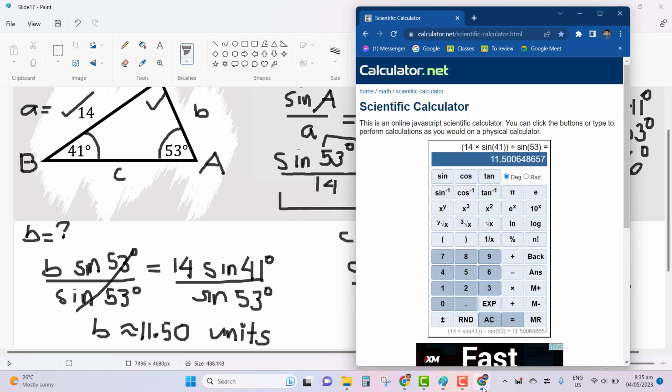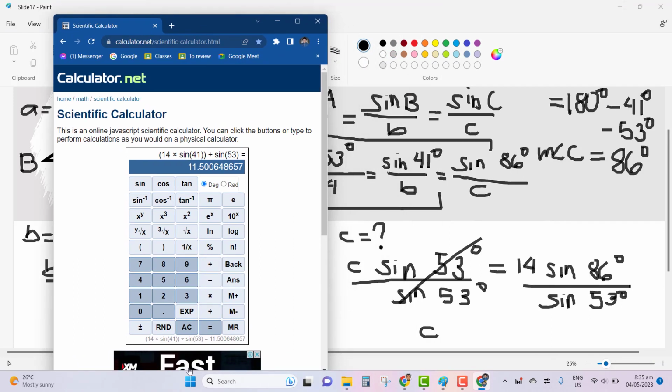So let's use the same calculator. Again, parentheses, 14, sine 86 degrees, close, close, divide by sine 53 degrees. Push the equal sign and you will have this result.